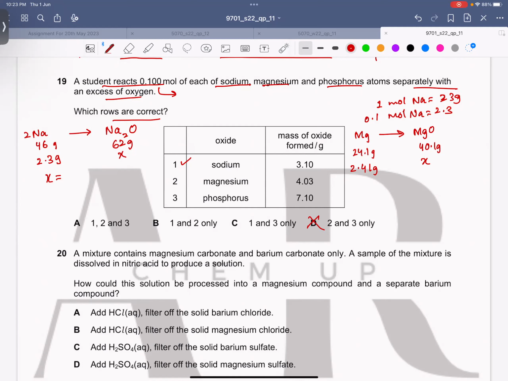Yes, can anybody solve and tell me the value of X for this case? .01. So this one can be considered correct. I think yes, so the second is also correct.